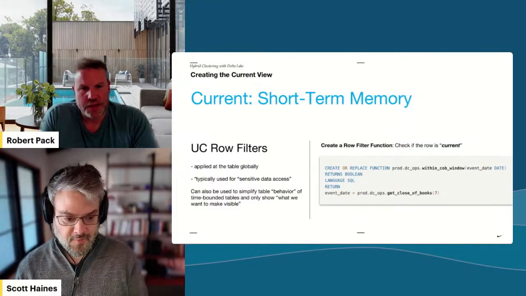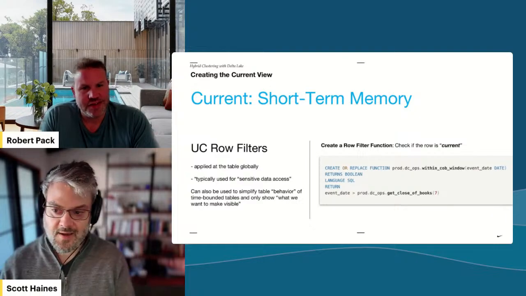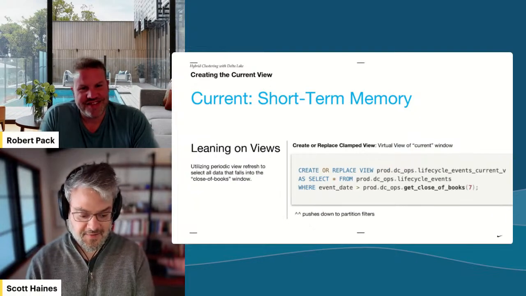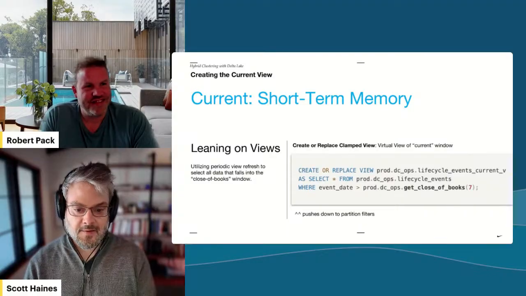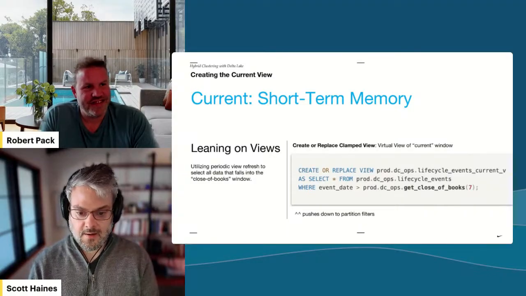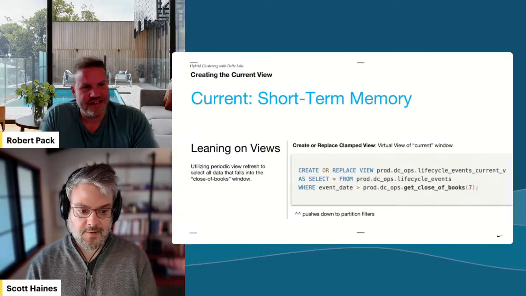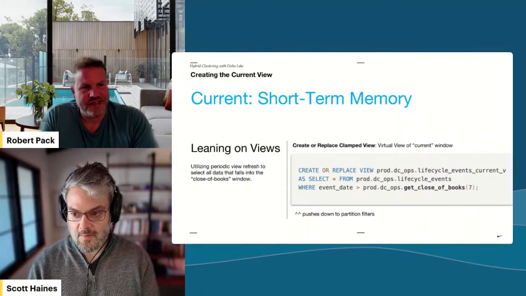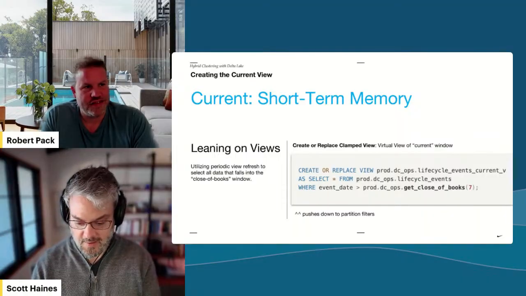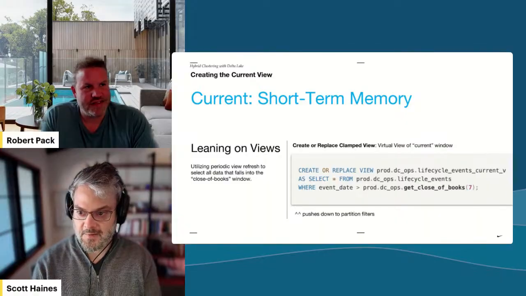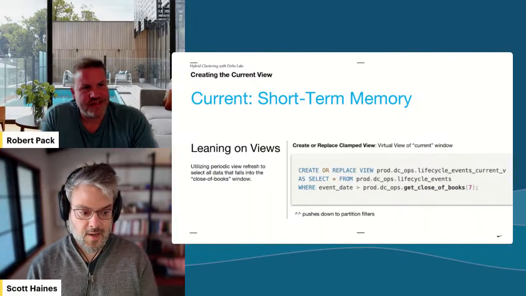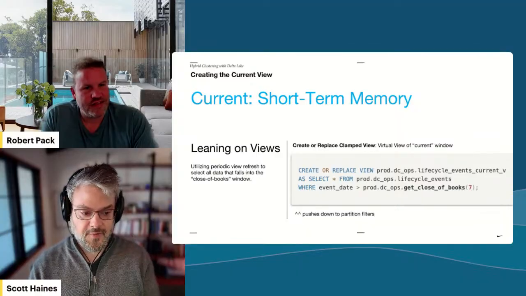So row filters are an interesting way of doing that. We'll go into more of the semantics with that in just a little bit. So we talked about views before, and leaning on views and virtualization. If I want to create that clamped view that is giving us those inclusive windows with exclusive boundaries, we can do that by creating a view that's selecting from our other views.